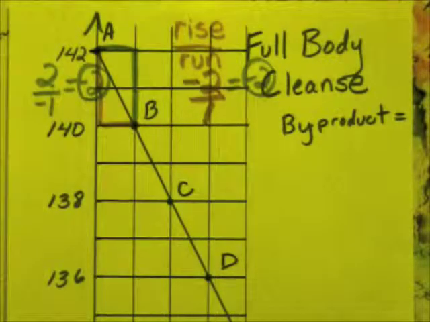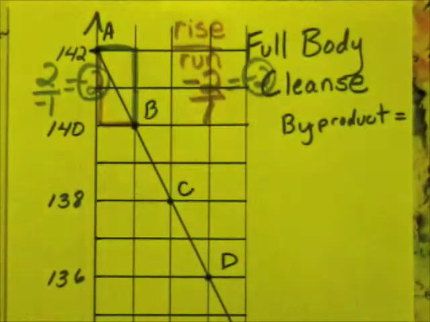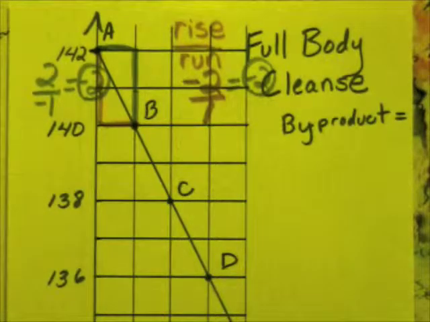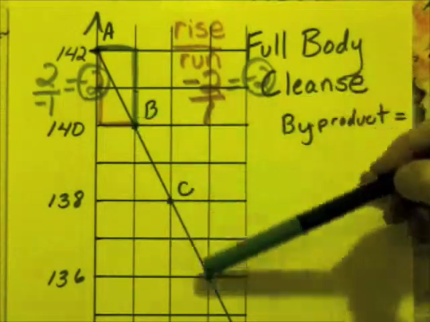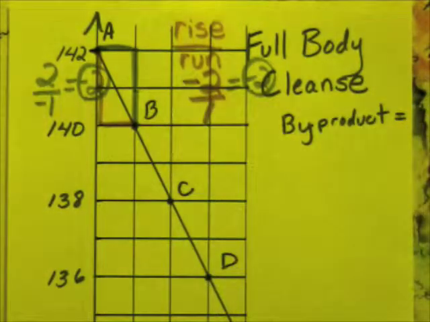Now, we did mention earlier that slope is a constant rate of change. So we can pick any 2 points on this line and do this rise over run activity, and we should come up with -2. So let's select B and D. Let's travel from B to D and see what rise is involved.